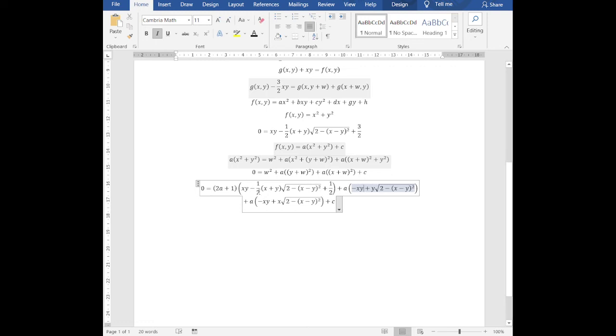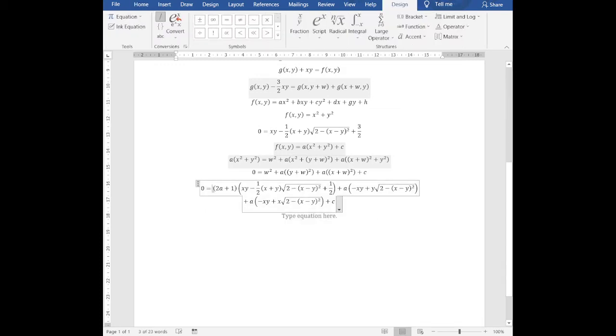So what I'm just going to do is say that in order for this to be equal for all values of x and y, I need all these xy terms to cancel, and I need all of these terms to cancel, and I'm going to need this constant term to also cancel, and I'm just going to split this up into three separate equations.